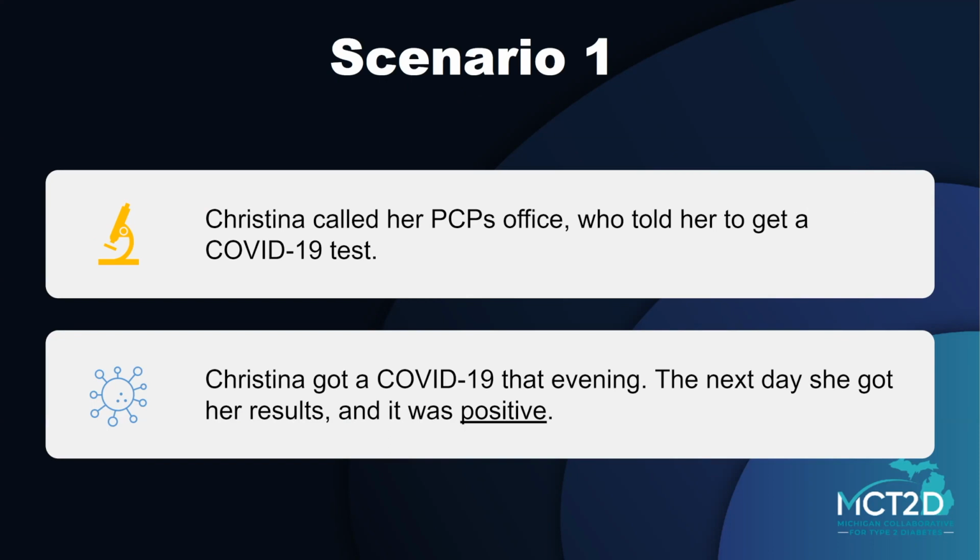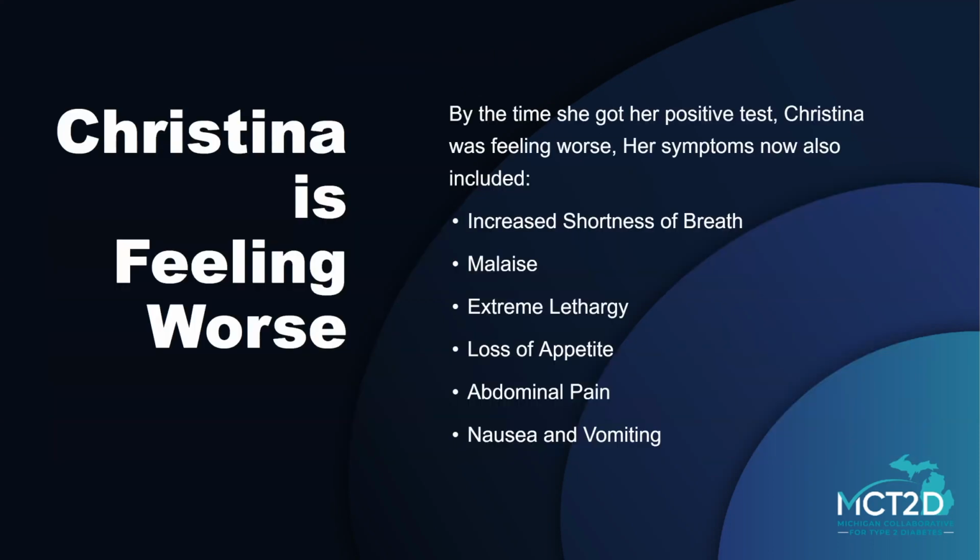When she got her test results the next day, she was already feeling sicker, increased shortness of breath, malaise, lethargy, loss of appetite, and some belly pain and nausea and vomiting, all pretty typical symptoms of COVID-19, getting worse relatively quickly.